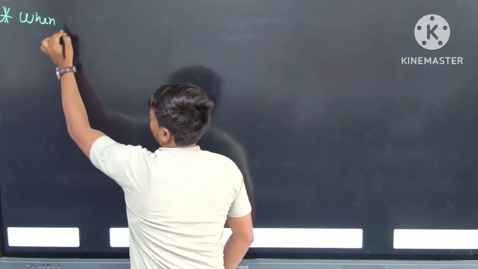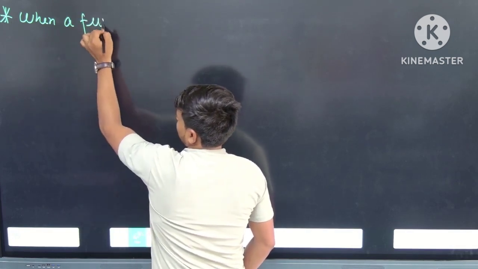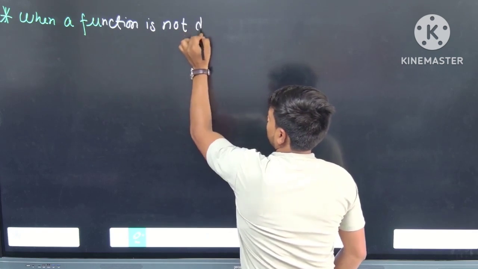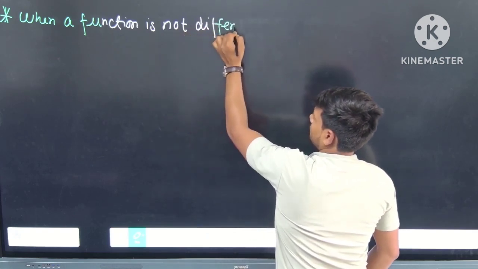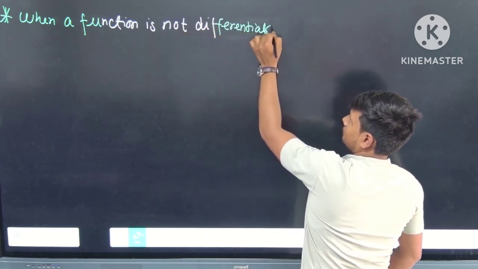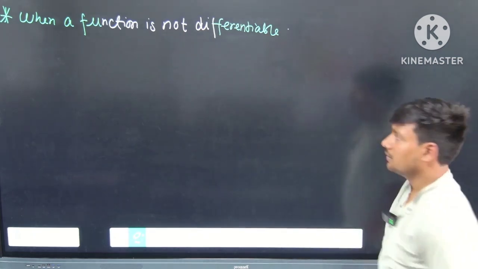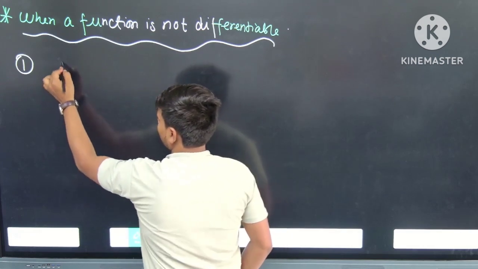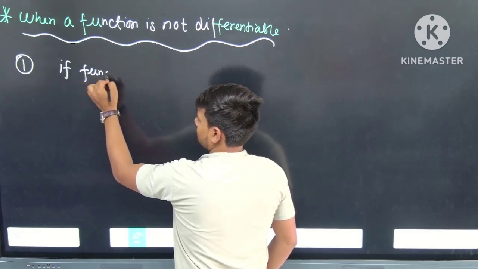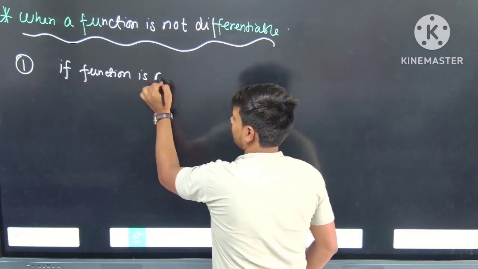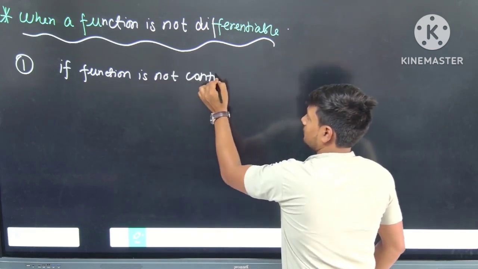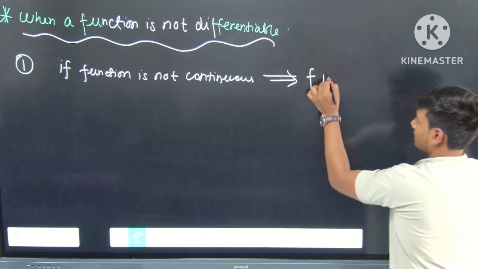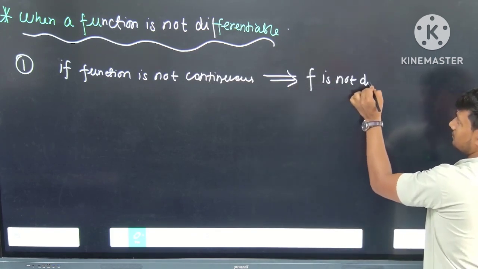When a function is not differentiable, we want to find out when. First point is, if the function is not continuous, this will imply f is not differentiable.